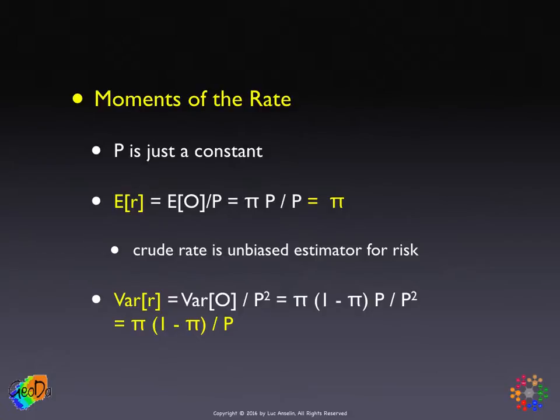And there's a good intuition to this. The larger your population, the more precise your measure of risk is going to be. So, in other words, the smaller the variance. The smaller the population, the higher the variability, which is the same as saying the higher the variance.